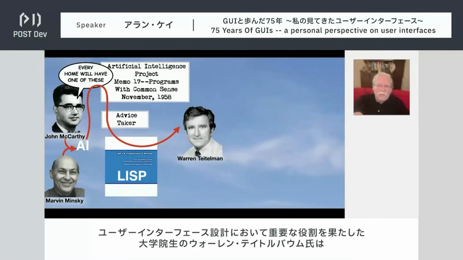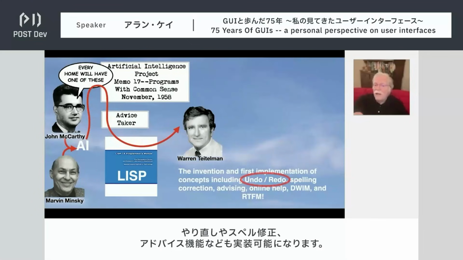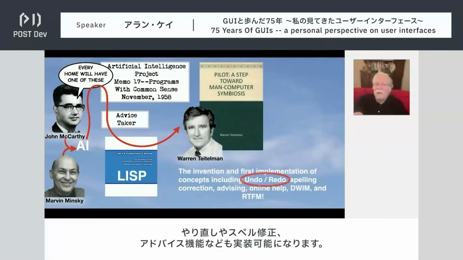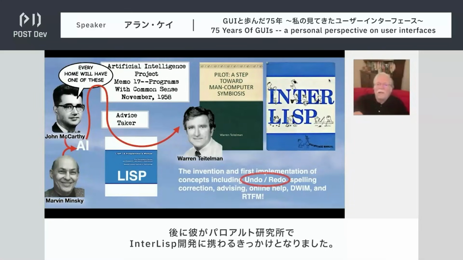And a graduate student by the name of Warren Teitelman, who's very important in user interface design, decided that if you're going to actually allow most people to interact with computers, you have to have something like undo. Undo will allow them to have the courage to do things and make mistakes because the system can always recover. You can have redo, you can have spelling correction, you can have advising and so forth. So his thesis was called Pilot, A Step Towards Man-Computer Symbiosis, and he later went to Park and worked on Interlisp.